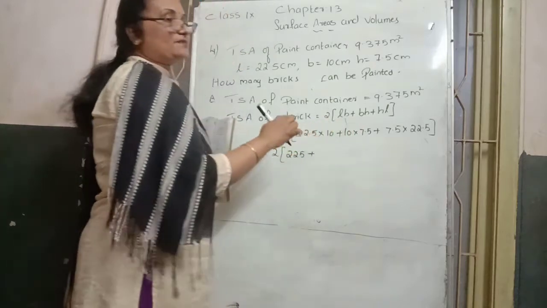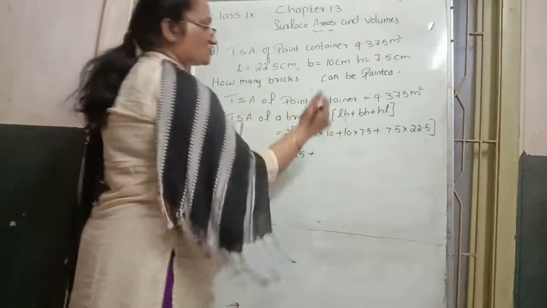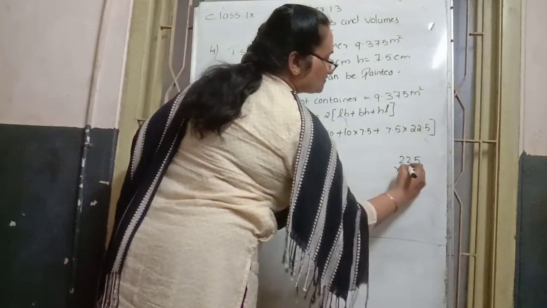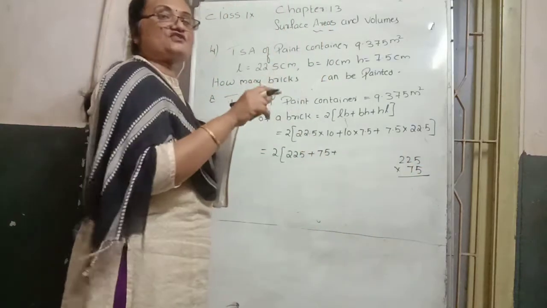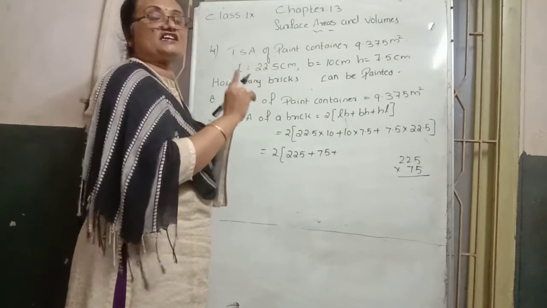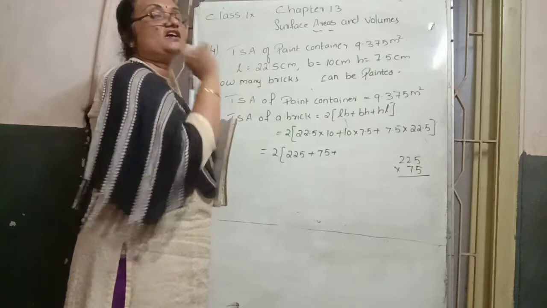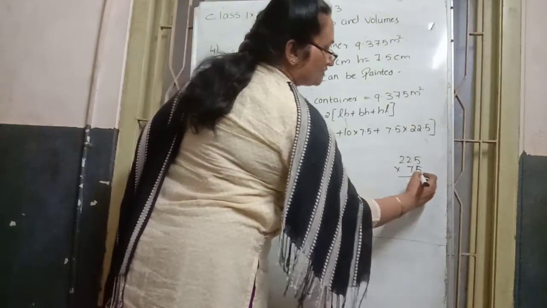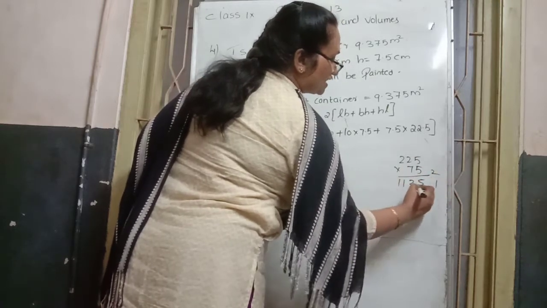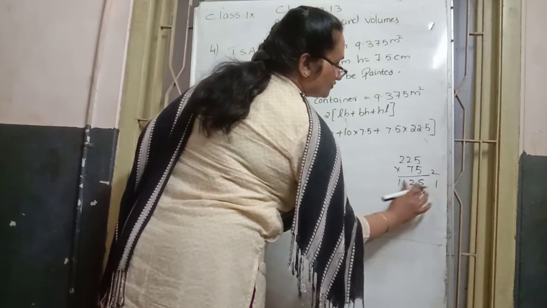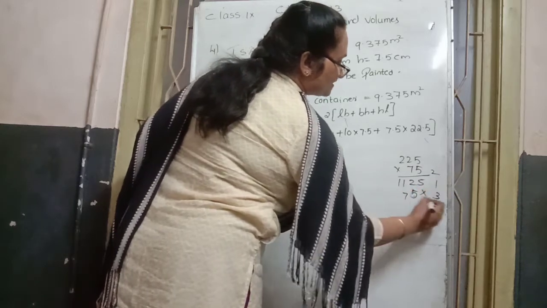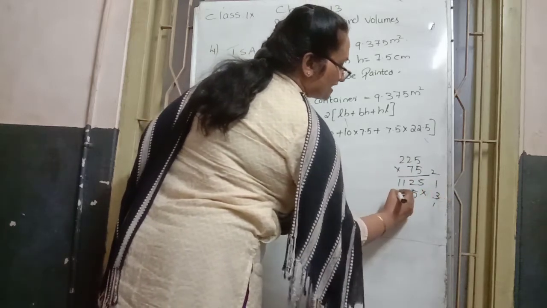Plus 10 into 7.5, again move the decimal one place, so 75. Plus 7.5 into 22.5: first multiply without the decimal point. 225 into 75: 5 5s are 25, 5 2s are 10 plus 2 is 12, 5 2s are 10 plus 1 is 11; 7 5s are 35, 7 2s are 14 plus 3 is 17, 7 2s are 14 plus 1 is 15.